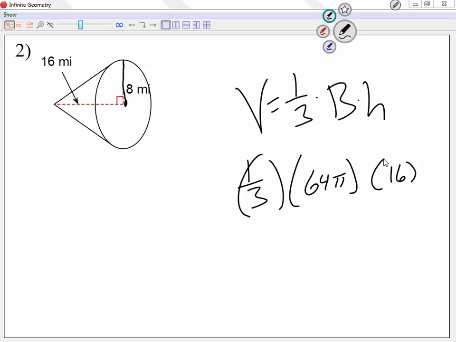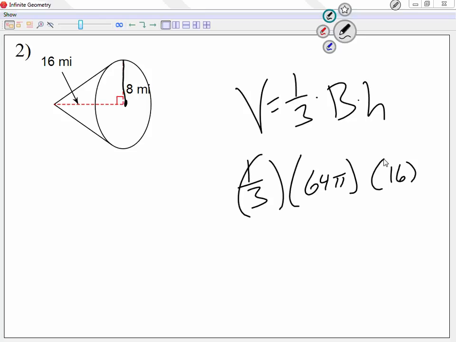Now this was going to give you a decimal. What do you guys get? Round it to the nearest hundredth, so 2 decimal places. What do you guys get? 1 divided by 3 times 64 times 16.